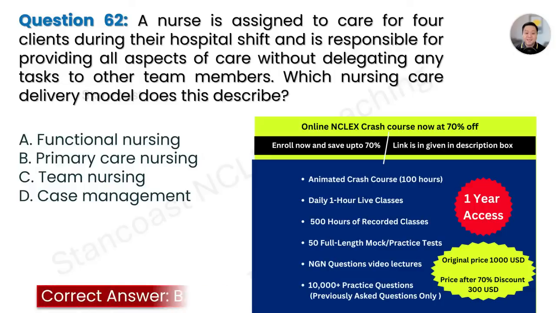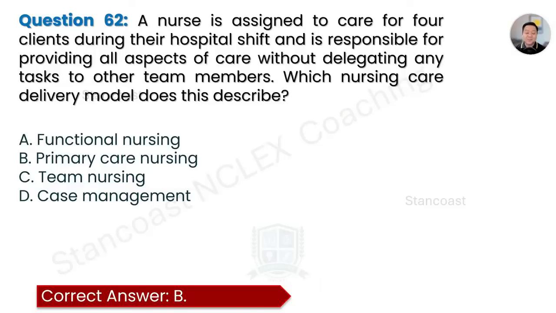The answer is letter B, because in primary nursing, one nurse is responsible for all care for their assigned clients during a shift, providing direct care without delegation. And so the key phrase, without delegating tasks, indicates total client care. So in this question, you eliminate answers like functional or team nursing, which involve task delegation.